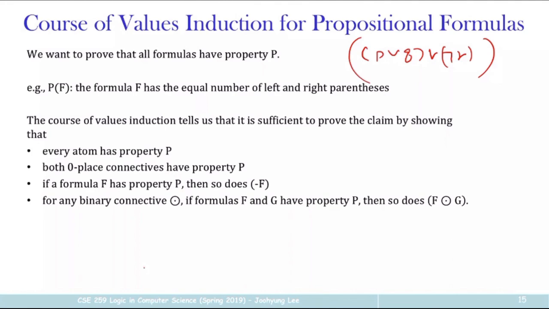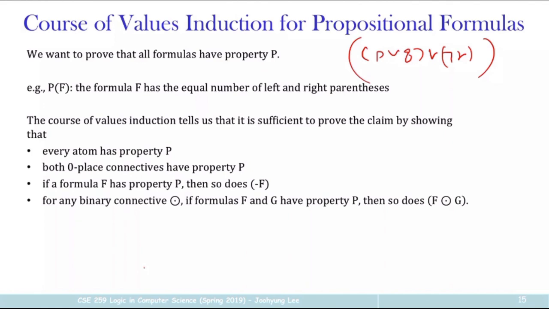Case 2 is similar to the first one. There are 2 zero-place connectives, top and bottom. In that case, those have the same property P. The third and fourth bullets are for the inductive cases. Here, if a formula has property P, then the new formula defined by the third recursive clause also has the same property P. The fourth is the same: if F and G have property P, you assume this as the inductive hypothesis.